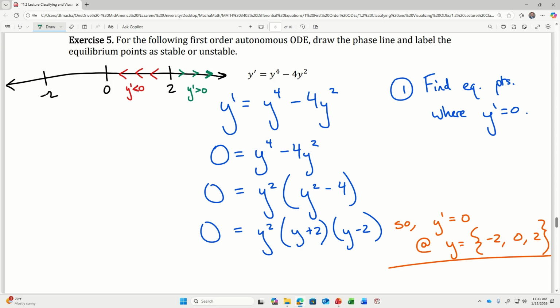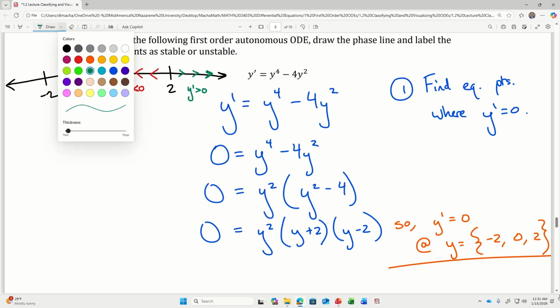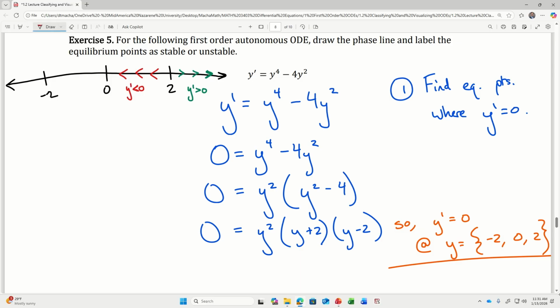What happens if y is negative 1? So in here, if y is negative 1, this is 1 minus 4. It's negative 3. And so in this interval, where y is between negative 2 and 0, we have that y prime is less than 0, or y prime is negative.